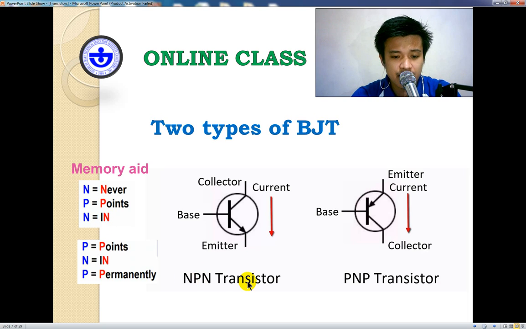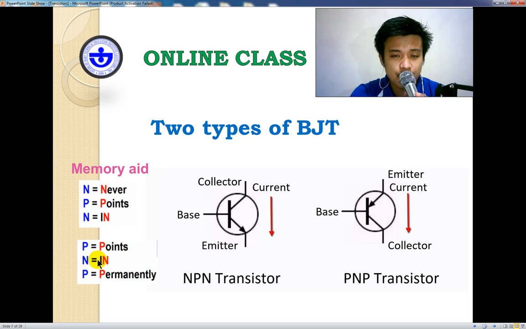So you have in here our NPN. The arrowhead in here is our clue: the arrowhead never points in. That is why it is called NPN. So the symbol itself will tell you what type of transistor it is because of this memory aid. If upon looking at the symbol the arrowhead is not pointing in, then that is referring to never point in.